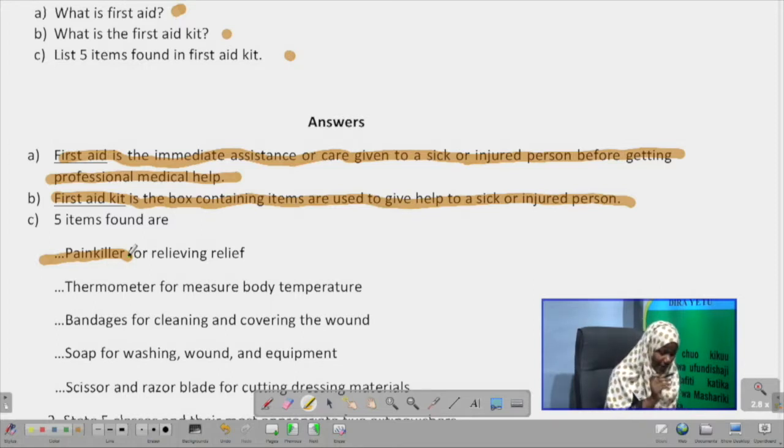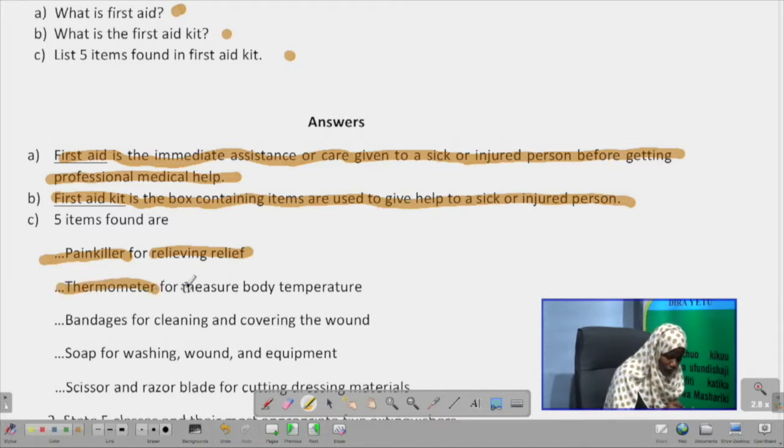These painkillers are used for relieving pain, because when someone gets injured, she or he is in very deep pain. So how are you going to help him? The first thing you could give him is a painkiller that helps to lessen his pain and gives him relief.